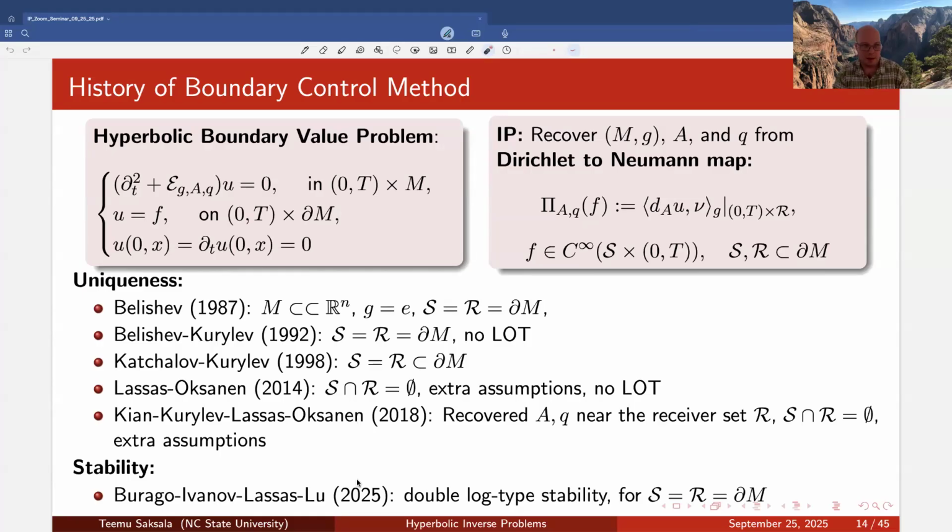So this method is very good for providing uniqueness, but not very good in this stability case. I think the conjecture at the moment is that it would be at best log-type stable, and double log is just an artifact of the method of the proof. So I'm challenging you guys to get rid of this double log.